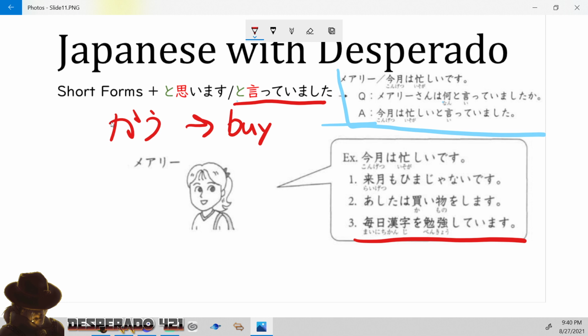So for the last bit, imasu. So is that just... I'm trying to think where that goes. Give you a hint. We have to change this part here.